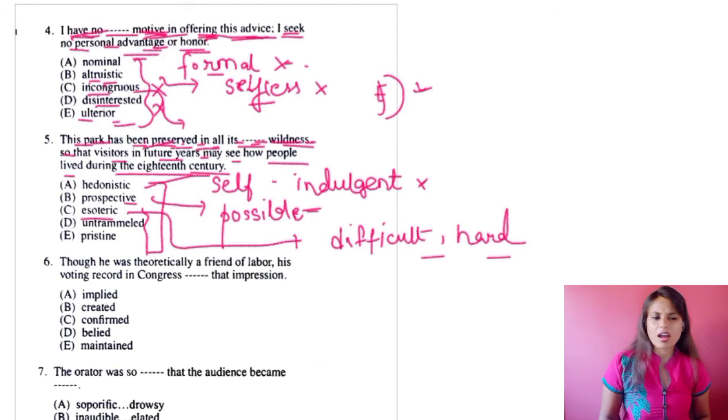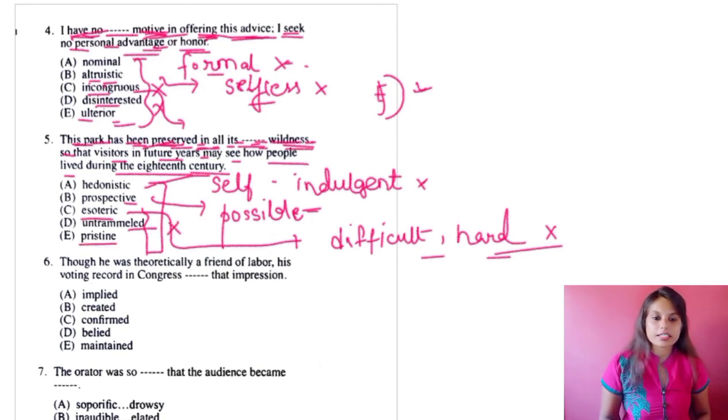In all its hard and difficult wildness, no, this is just not going. I'm striking number C out. What about number D? Untrammeled. Now untrammeled means which is not confined, which is open and not limited, it is limitless. So if I put this park has been preserved in all its untrammeled wildness, no, this won't go.